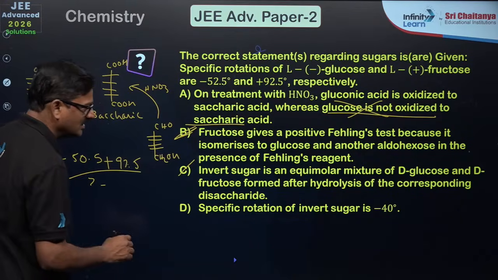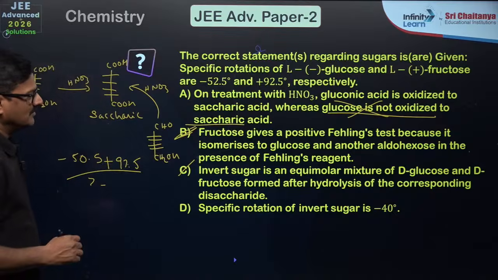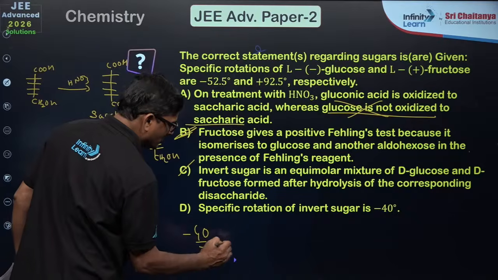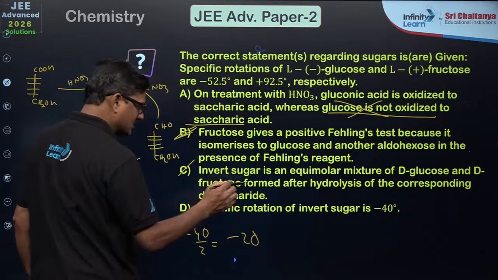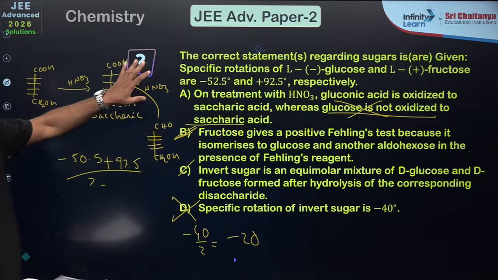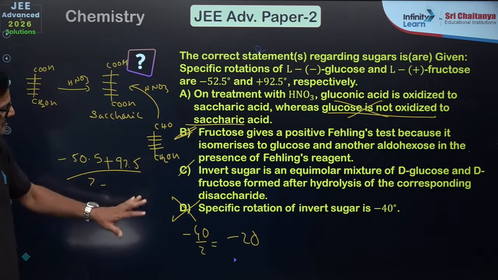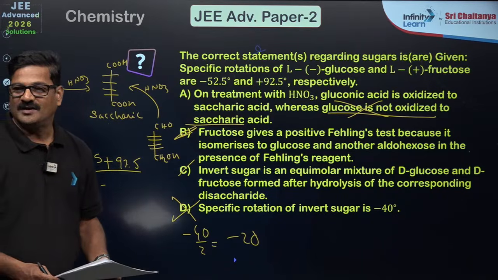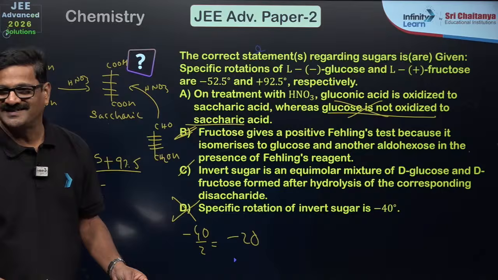It comes to be 40 by 2, so it is going to be 20, but it is given as 40, which is not correct. So you need to be more focused here. The question is very simple. Options B and C are the correct answers. If you have any doubts, please let us know.